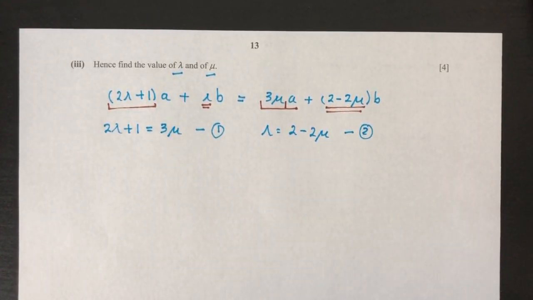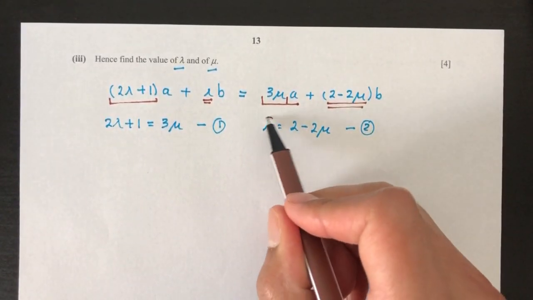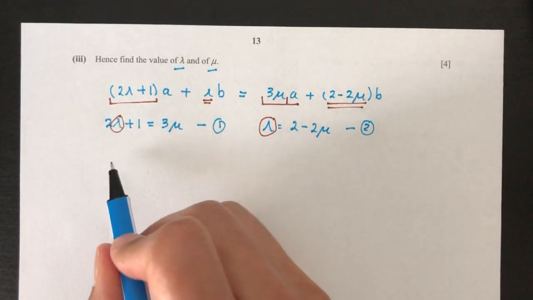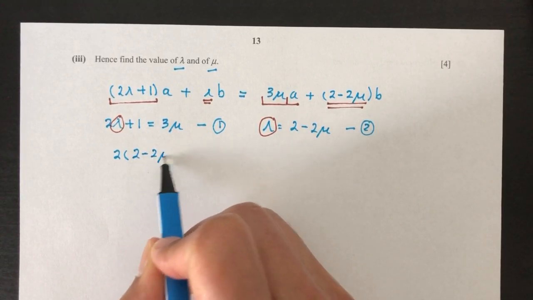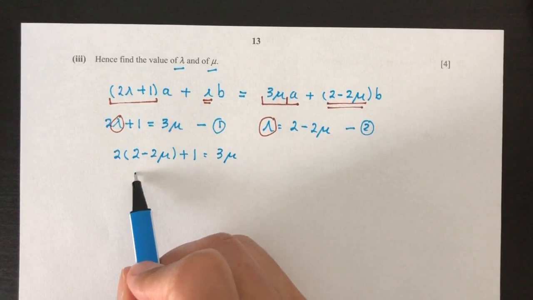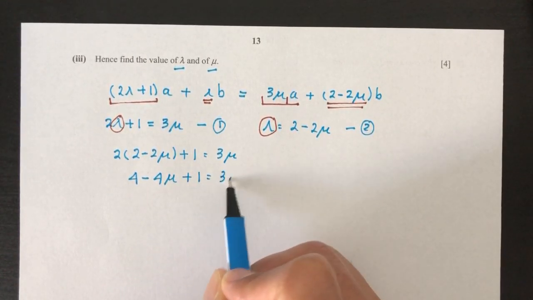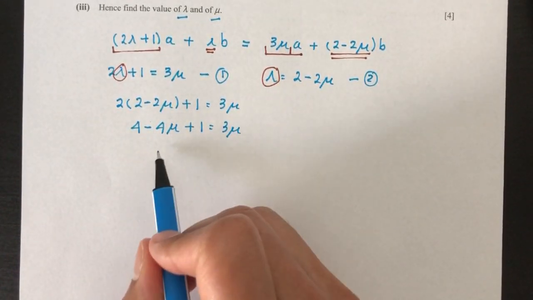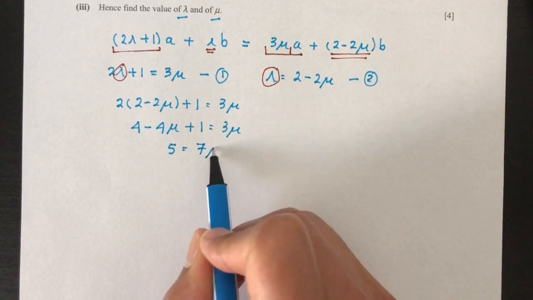Now to find those two values, as you can see, this is a simple simultaneous equation. This is lambda, replaced back in here. So you will have 2 times lambda, that will be 2 minus 2 mu, plus 1 equal to 3 mu. That will become 4 minus 4 mu, plus 1 equal to 3 mu. Now solve, let's bring this one to this side. You will have 4 plus 1 is 5, 3 plus 4 is 7 mu.